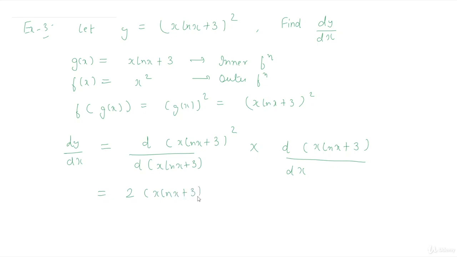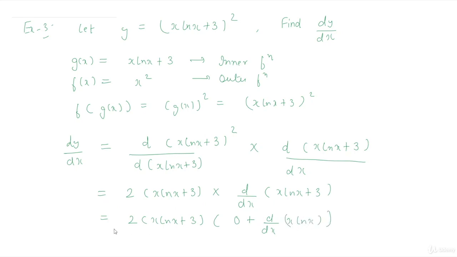Multiplied by the differentiation of x ln x plus 3 with respect to x. Now this x ln x plus 3 can be written as d by dx of 3, which is 0, plus d by dx of x ln x. So we are breaking it by the algebra of derivatives.